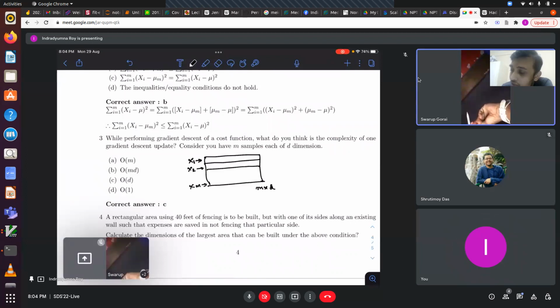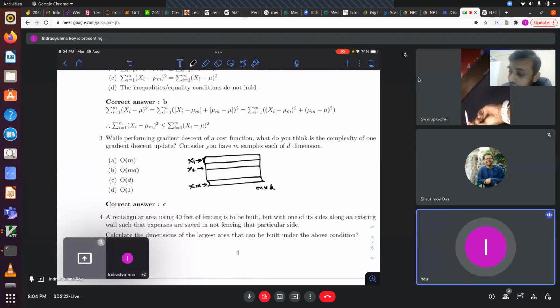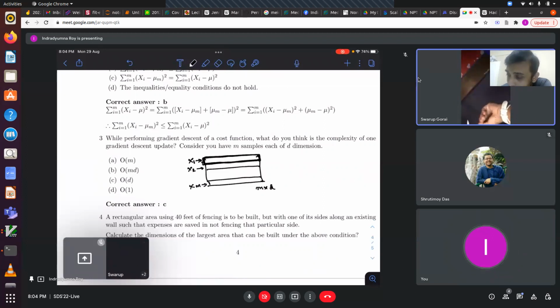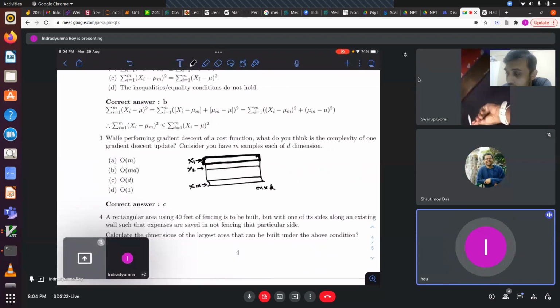It doesn't really matter in any machine learning model how many data points you have. What matters is the dimension of each data point. Here, the dimension is D. That's what is mentioned here.